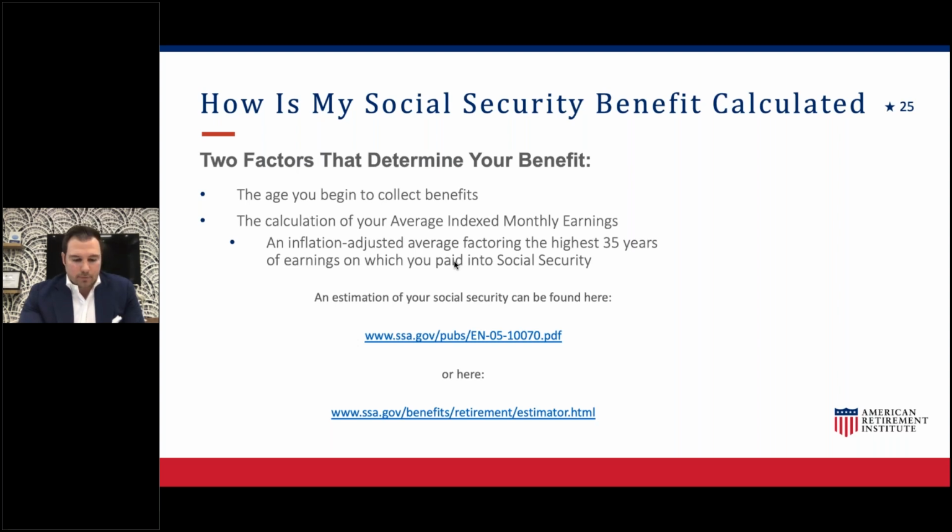How is my Social Security benefit calculated? That's on page 25. There's a formula that they use. They use the age to begin to collect benefits, and then the calculation is based on the highest 35 years of earnings on which you paid Social Security payroll tax. So there is a formula, and the longer you work and the more your income is, the more your benefit's going to be.